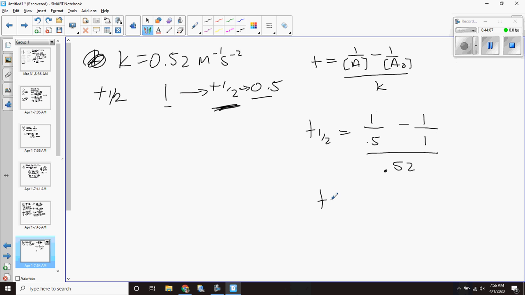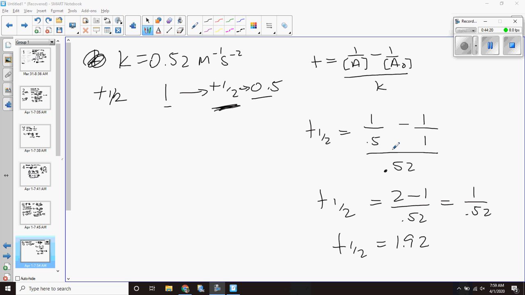So we end up with half-life equals 2 minus 1, divided by 0.52, which is pretty cool. 1 divided by 0.52 is 1.92, and the units here are going to be seconds.